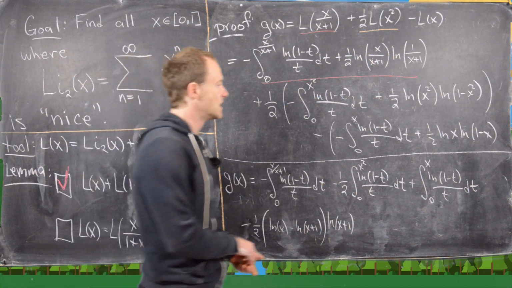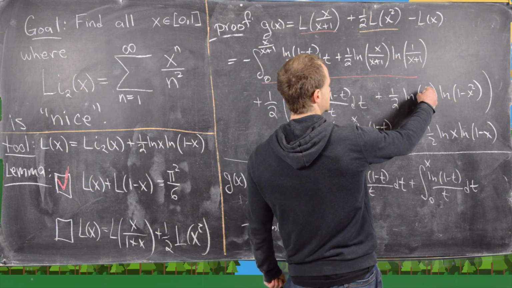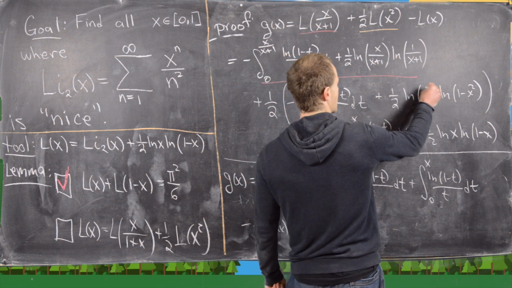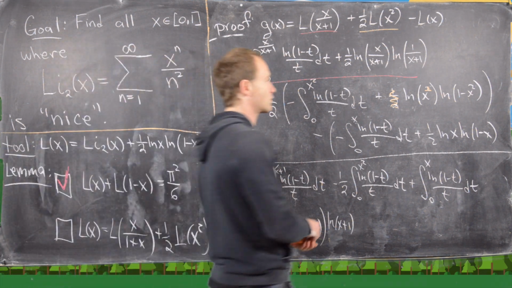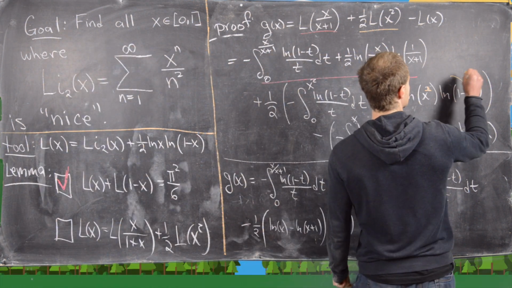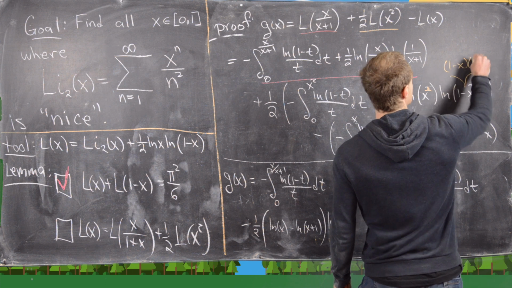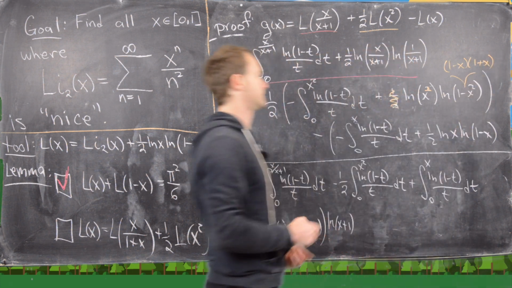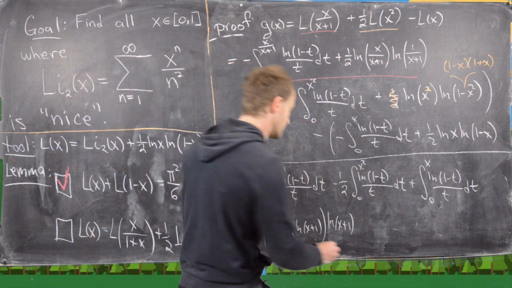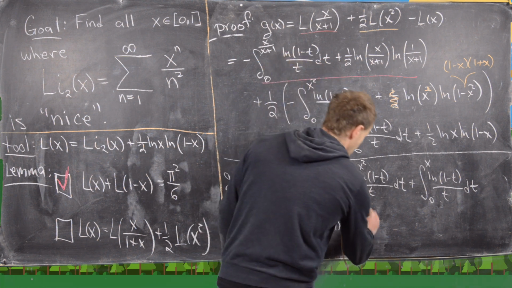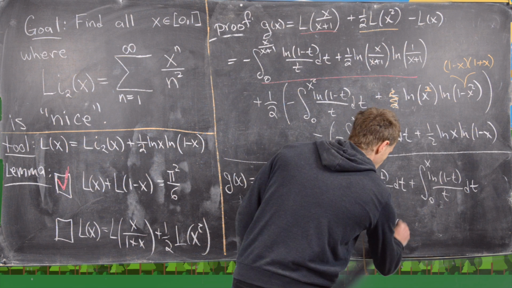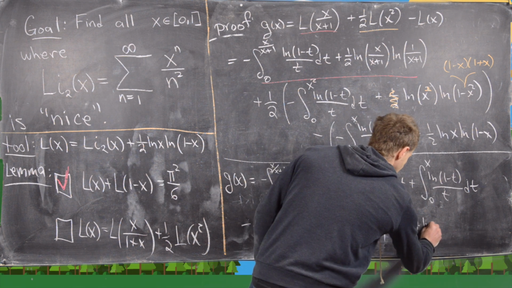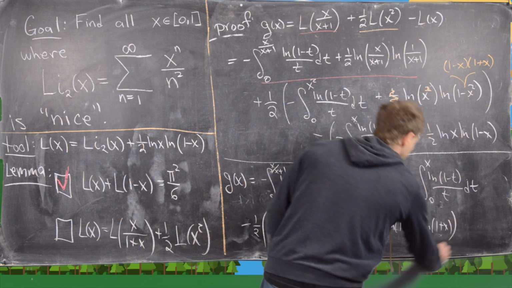Then I can do something similar for this second term. Notice I can bring the squared out front, and that's going to cancel this. And then I can rewrite 1 minus x squared as 1 minus x times 1 plus x. And that's going to give me plus natural log of x times natural log of 1 minus x plus natural log of 1 plus x.